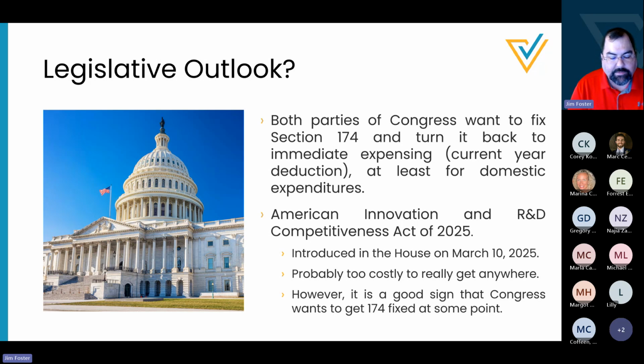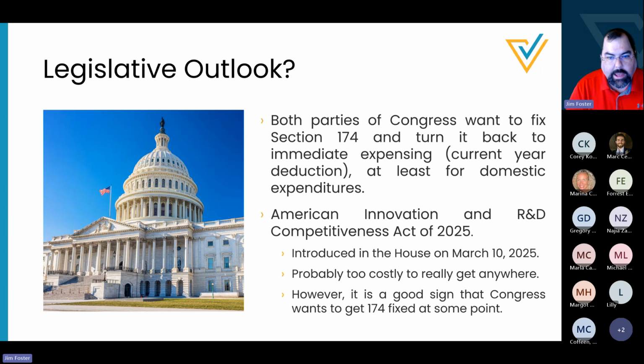I think that retroactive provision is actually going to make it too costly to pass, because the government's already dealing with a lot of cost on some of the bills and such, and the balancing with the Reconciliation Act, which will probably absorb this bill. I don't see it passing in its current form.